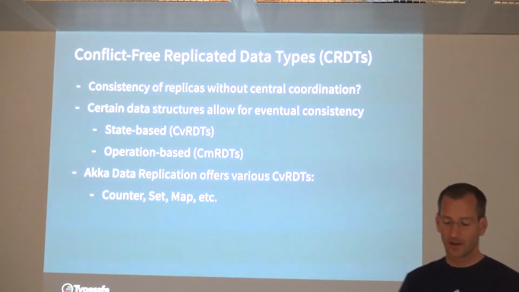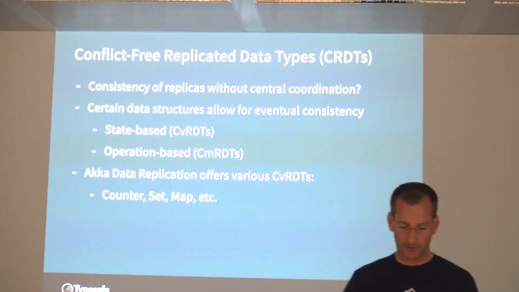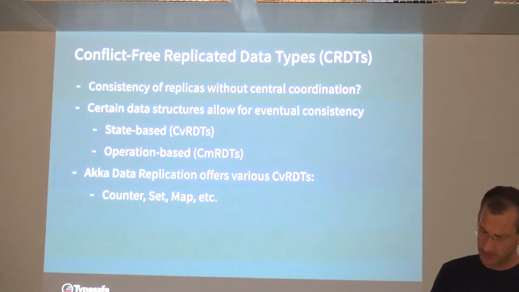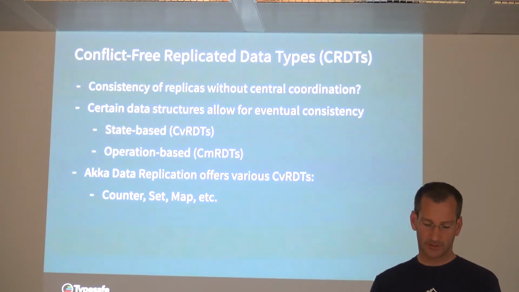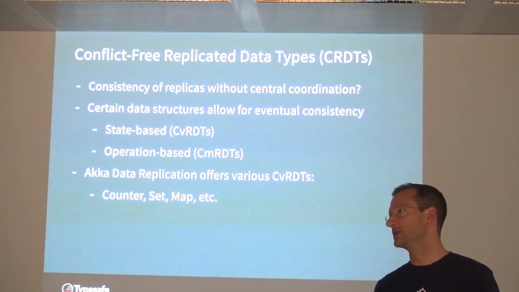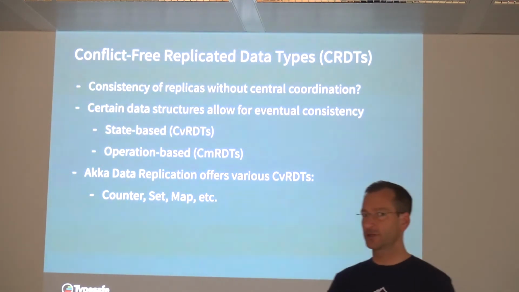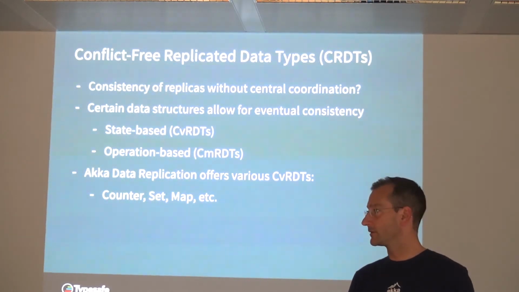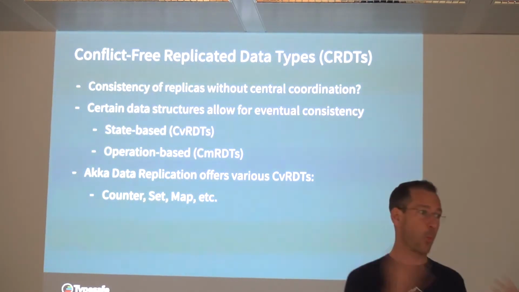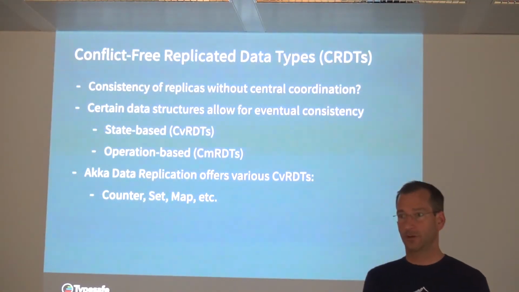Clever trick. And Akka data replication offers a couple of other types like counters, sets, maps, and some more. So whenever your type is one of those, you don't need central coordination, you can replicate your data. And by the way, replication is of course a way to build a resilient system, right? You need to replicate your data, because if one of the nodes crashes, it will lose all its data, probably.